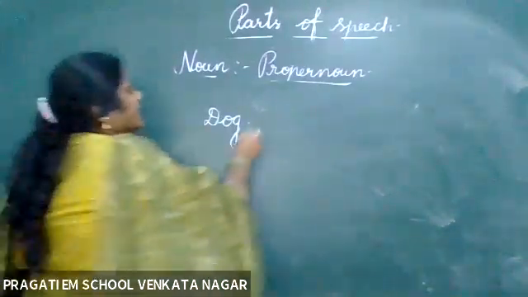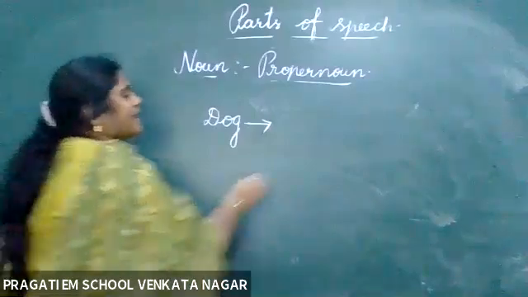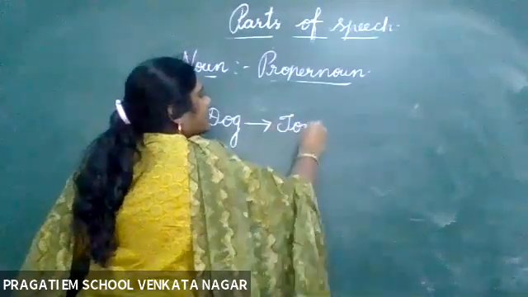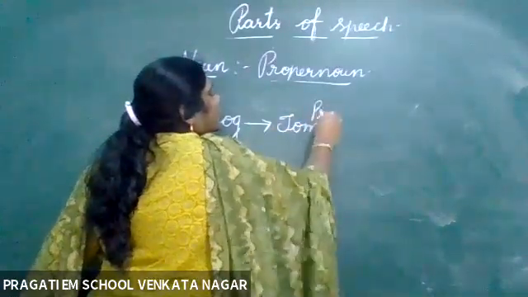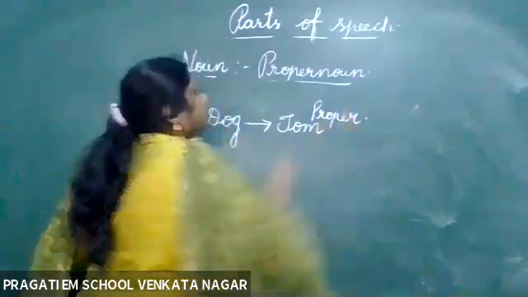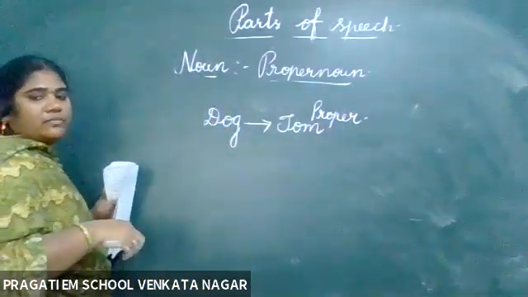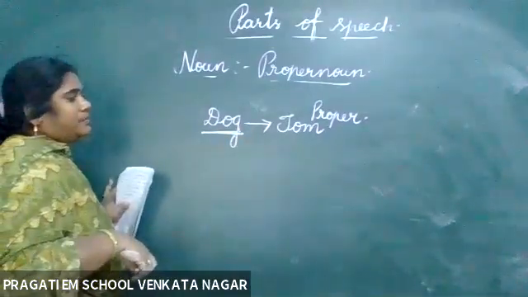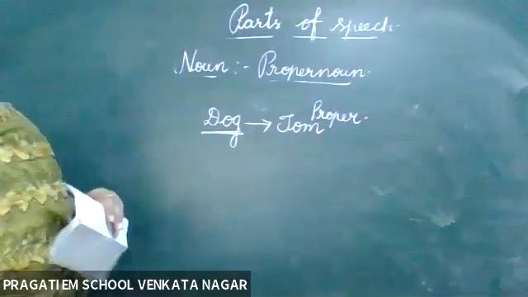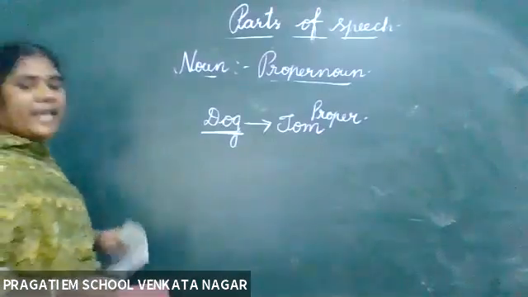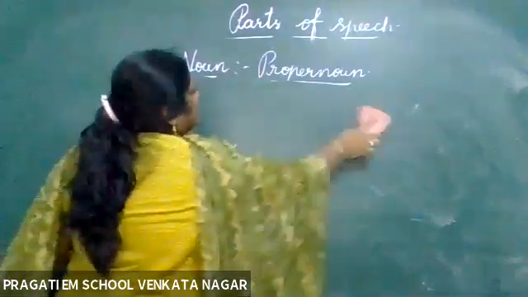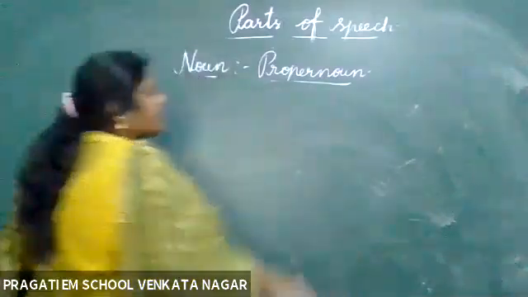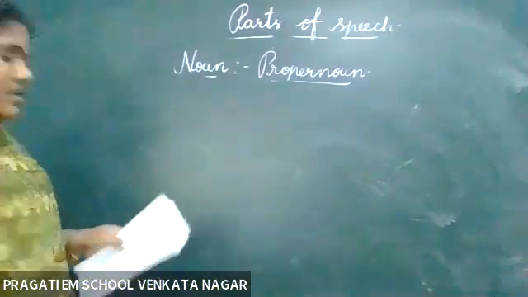If it has a name like Tom, then this is a proper noun. Understood? This is not a proper noun. So every proper noun starts with a capital letter, even in the middle of the sentence.